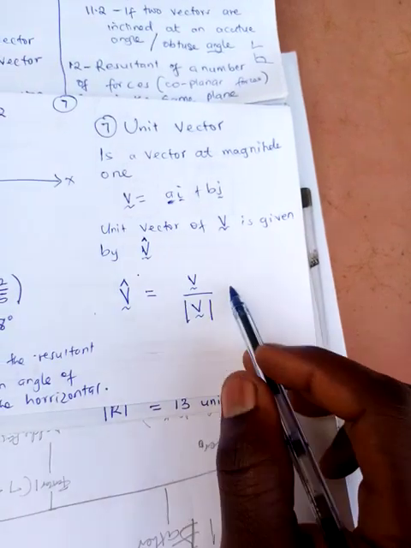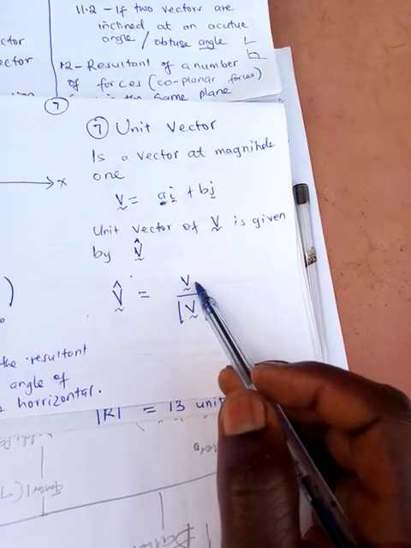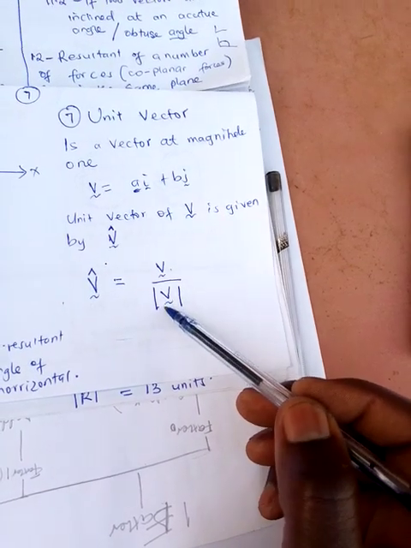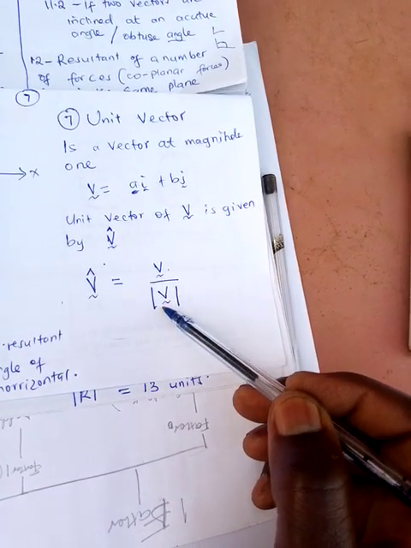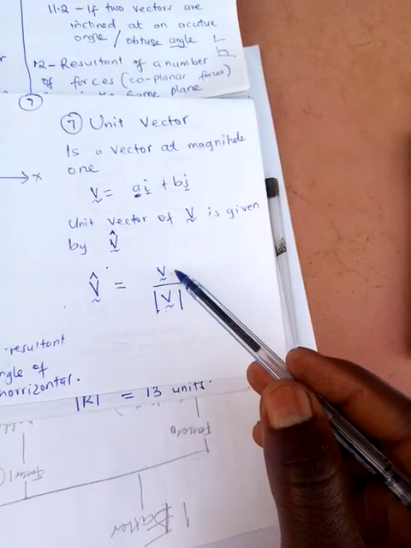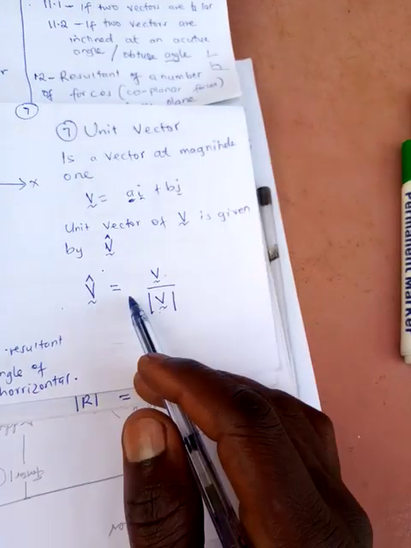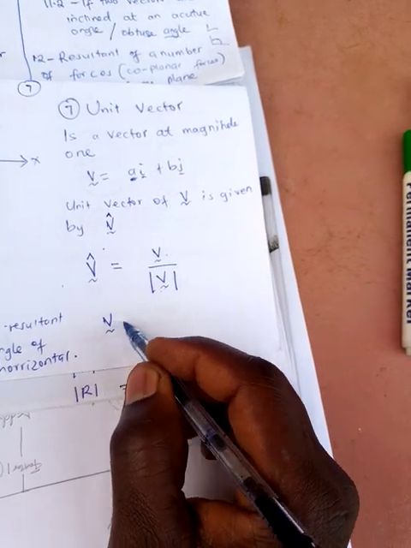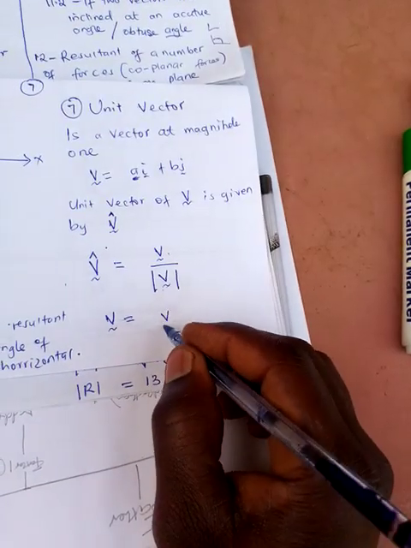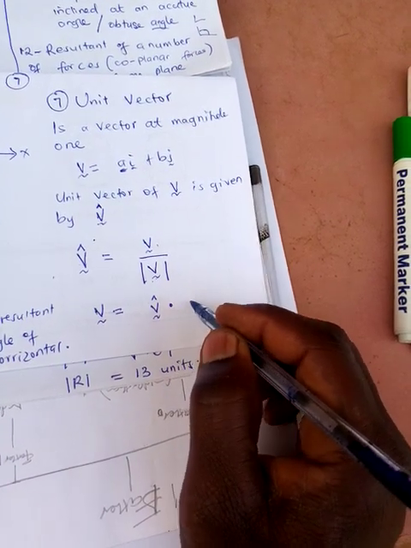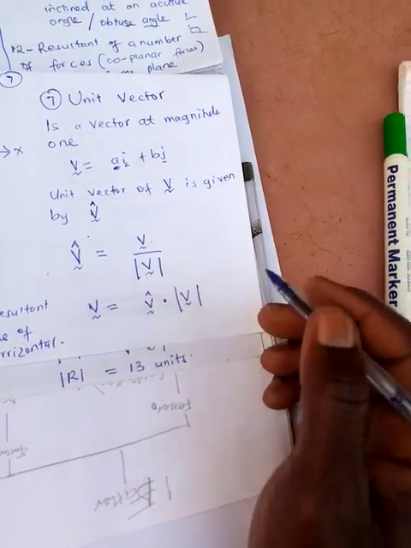From here, you can see that we can express this vector V in terms of its unit vector and the magnitude. If you know the magnitude and the unit vector, you can express any vector in terms of its magnitude and the unit vector. So vector V can be written as unit vector of V times the magnitude.